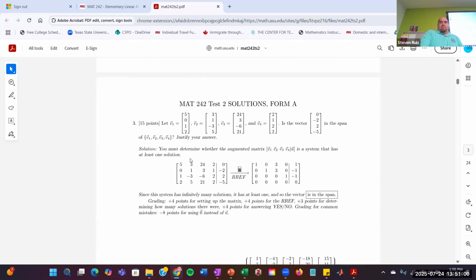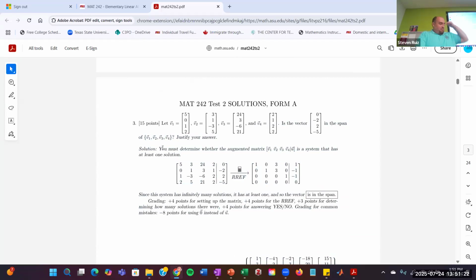What is this? Given a bunch of vectors, is this vector in the span of it? So we've done stuff like that. But I still recommend at least looking at this on your own.